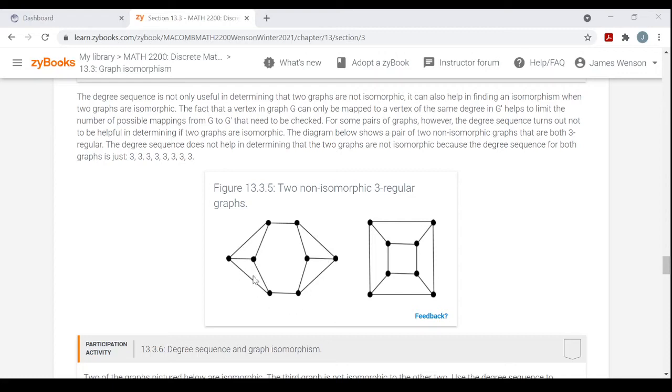Like these two here, both of these have 8 vertices, and every single vertex in both of these graphs has degree 3. So the degree sequence would be, and they also have 8 edges. No, 10 edges, don't they? 1, 2, 3, 4. 1, 2, 3, 4, 5, 6, 7, 8. So they have 12 edges.